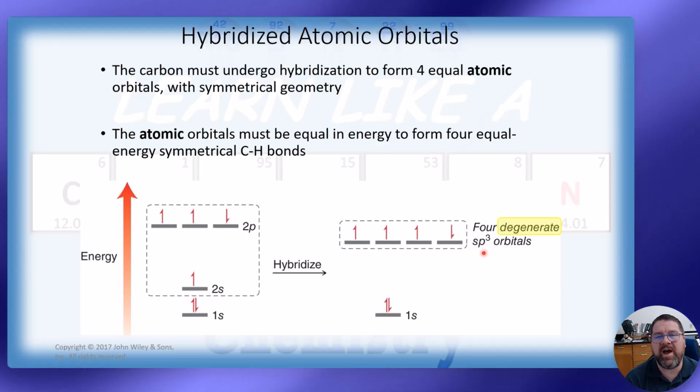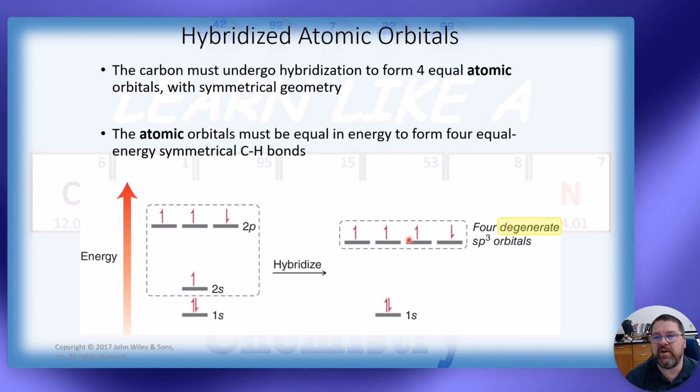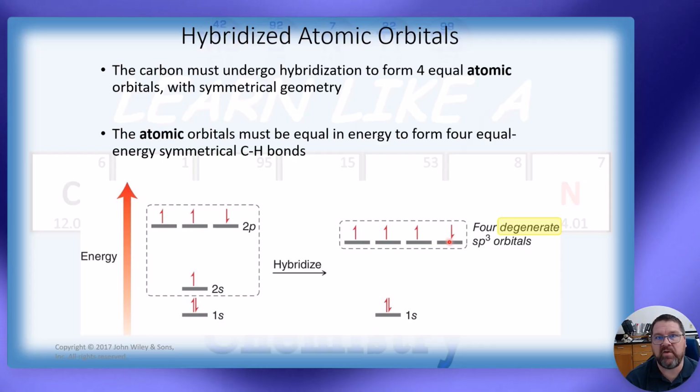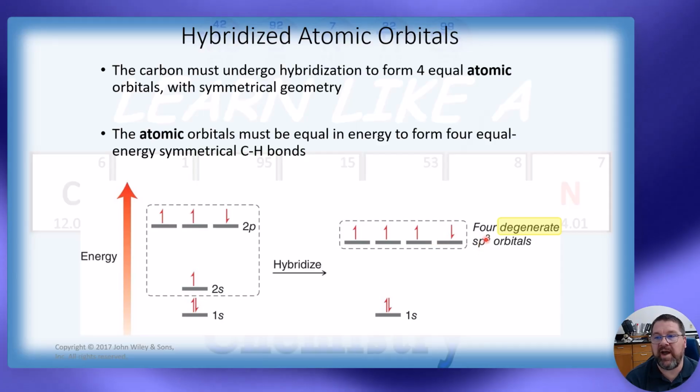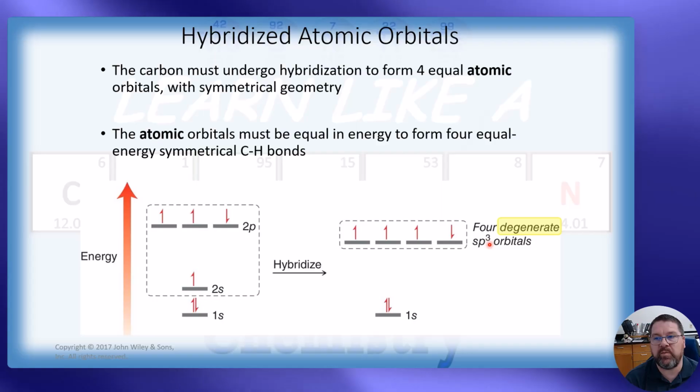But you might say, well, how do I know what the difference is? How do I know how to name it? Here's an easy way. However many hybrid orbitals you have, the sum total of your exponents of the s and the p should add up to the total number of orbitals you have. So you've got 1s, 3p. So that's a total of 4 orbitals.